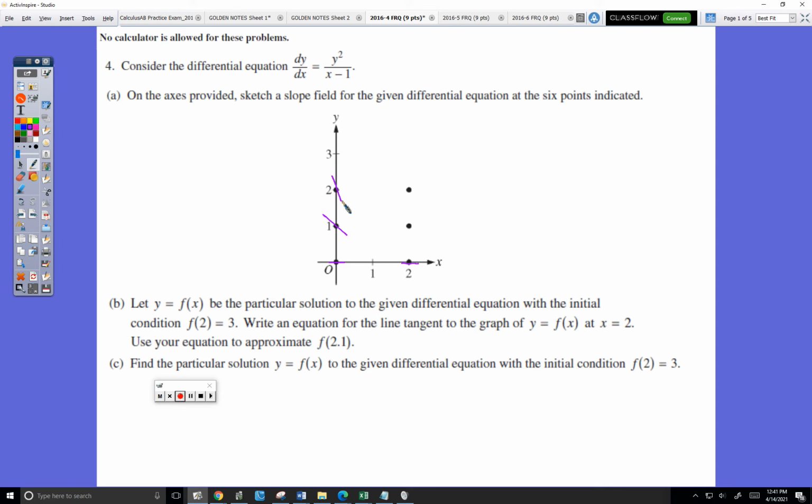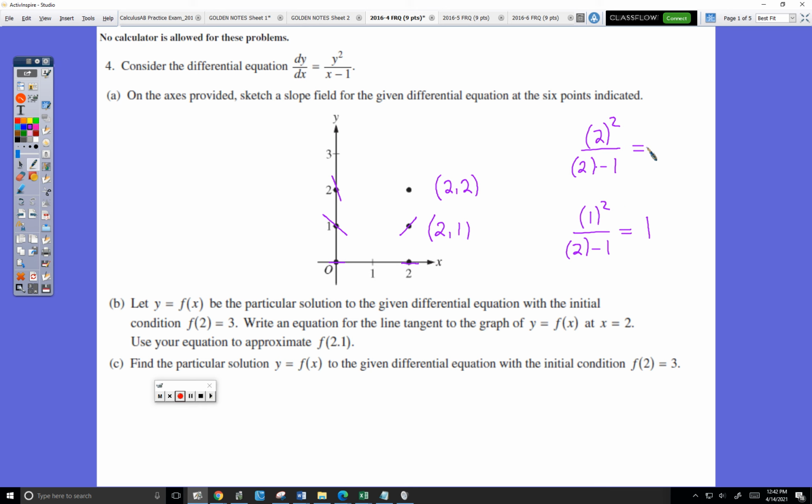When I get to this point, this is the point x equals 2, y equals 1. Plug those in. That will be a slope of exactly positive 1. So that would look like that. This point is at x equal 2, y equal 2. So that will be a y value of 2, and the x value is 2.